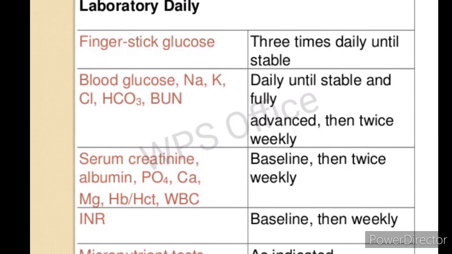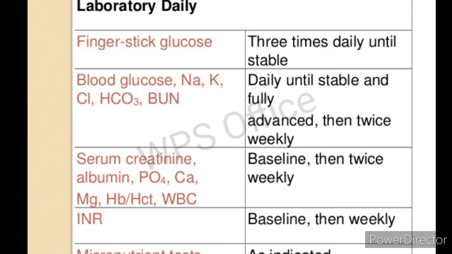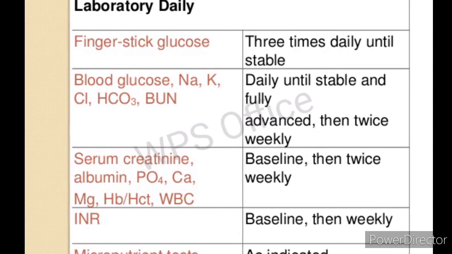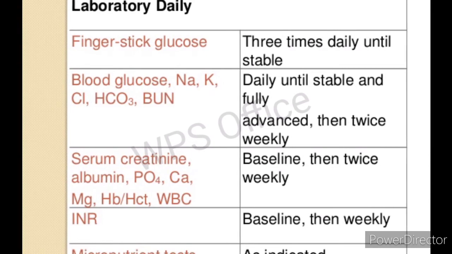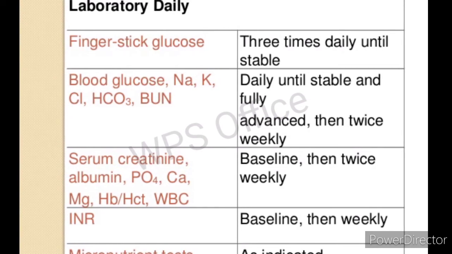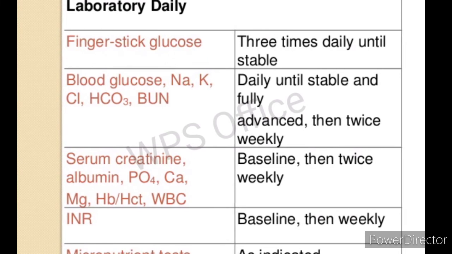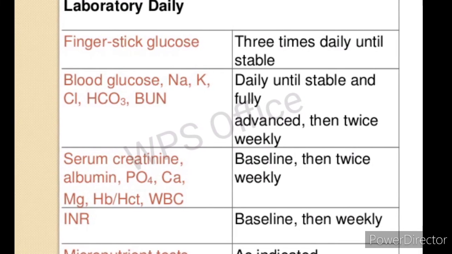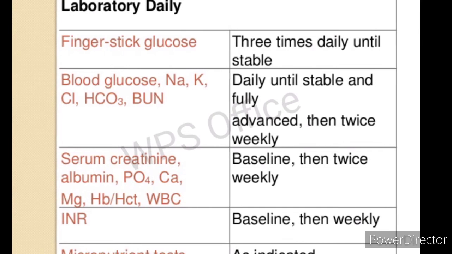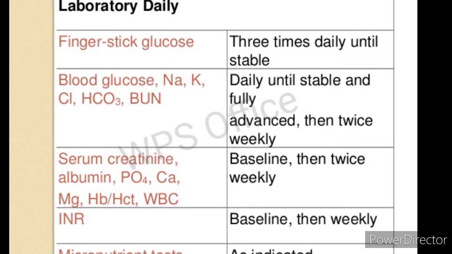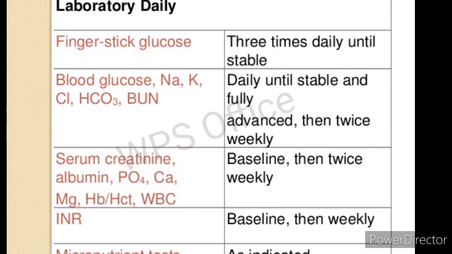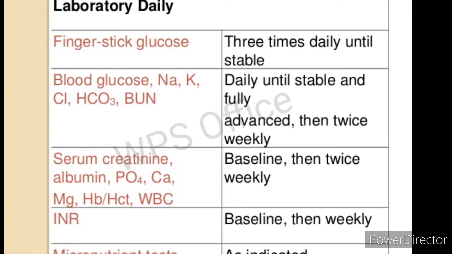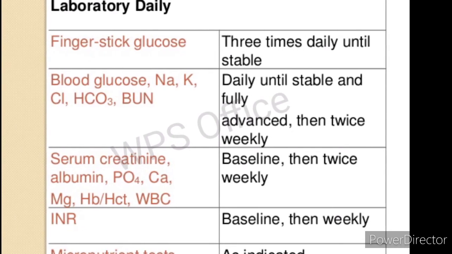This all should be seen, because in the complications the patient may have severe electrolyte imbalance, or hyperglycemia or hypoglycemia, that means a high level of sugar or a low level of sugar. So we should check this daily if the person is getting continuous TPN.